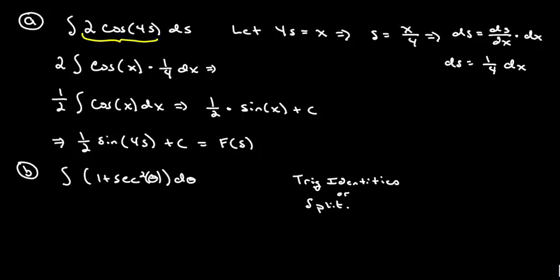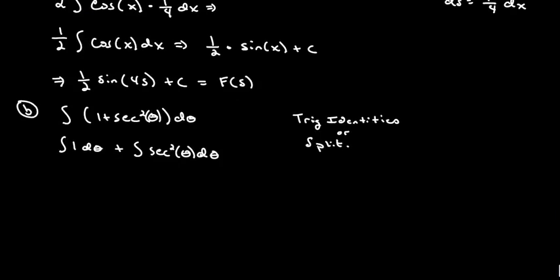Or if we split it, what I mean by split is to write the integral like this. But when we split, we have to make sure that we know how to go backward from 1, which isn't that hard to do. And then we need to know if secant squared is the derivative of anything. And it is. It's the derivative of tangent. So we'll go ahead and use that right here. So let's do each of these separately.